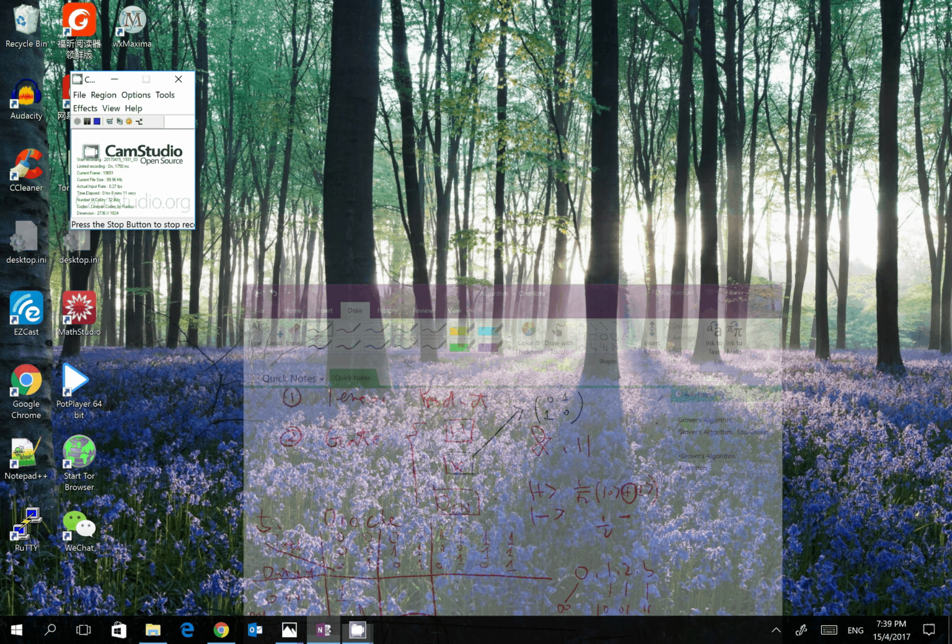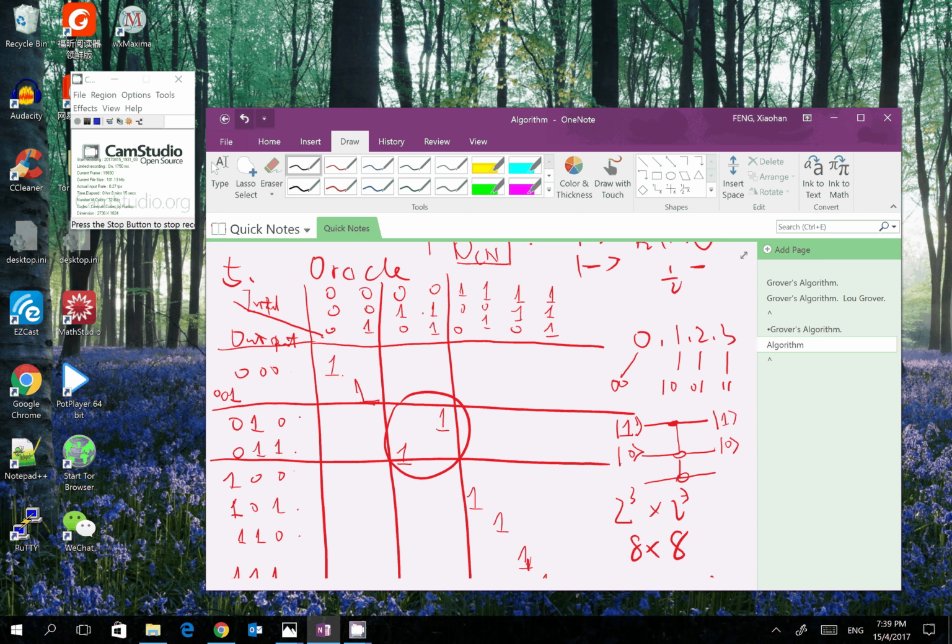And next, I want to talk about the inner construction of the Oracle here. First, let's review our problem to be solved. We have 4 atoms, which can be represented by 2 qubits to be searched.